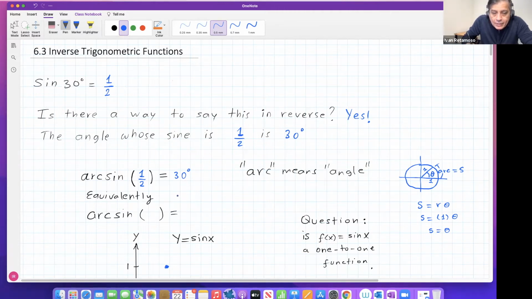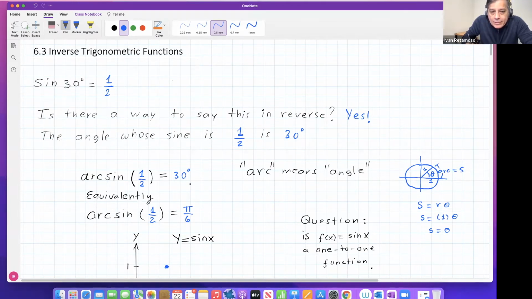Now, equivalently, you can say the arc or the angle whose sine is 1/2 is equal to 30 degrees, but converting this to radians, remember 30 degrees is pi over 6. And this is actually what we're going to use a lot, because the output of this arcsine function that we're going to define next formally should be written in radians.